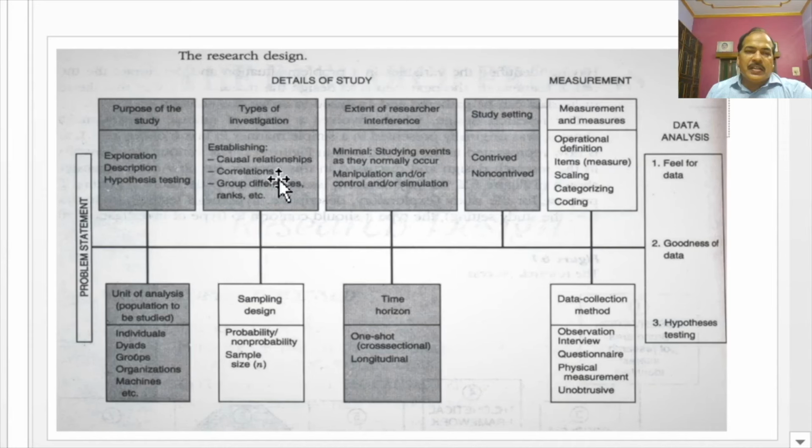Another important part is the time horizon of the study. If we take the example of developmental psychology or any research in the medical or biological sciences, it is basically longitudinal research.